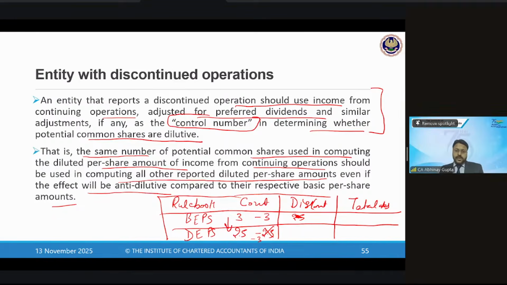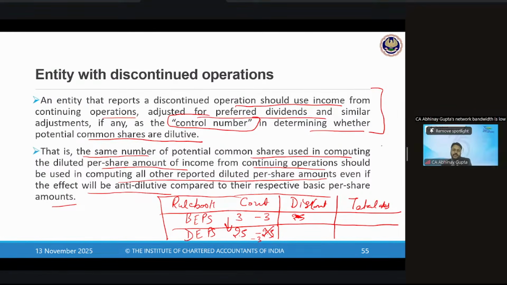Because at the control number, this is giving me an anti-dilution. So for the discontinued operation or the total operation, I will continue to use the same weighted average number of shares for the calculation. That's what this rule says.